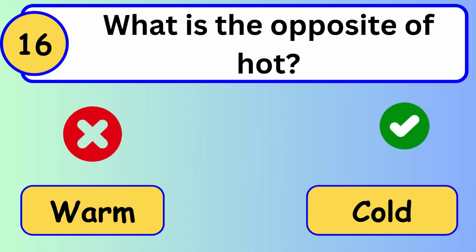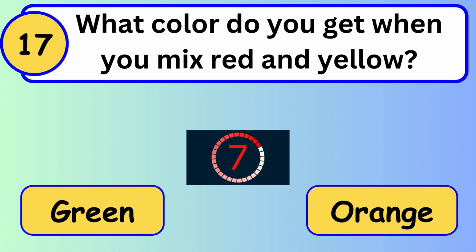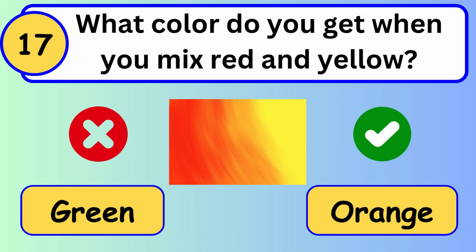Cold. The opposite of hot is cold. What color do you get when you mix red and yellow? Orange. Red plus yellow equals orange.